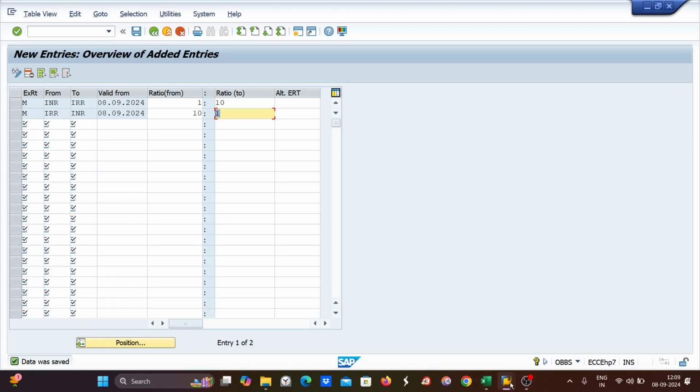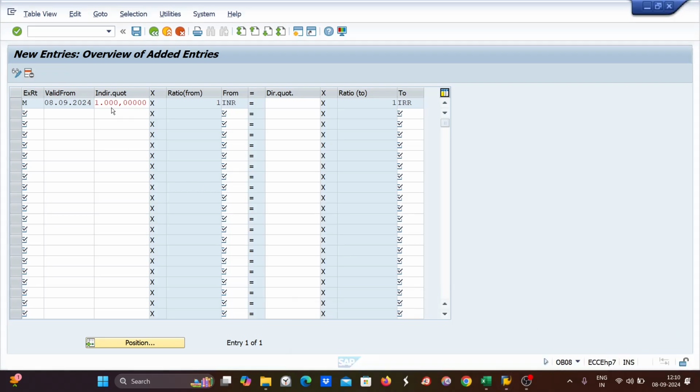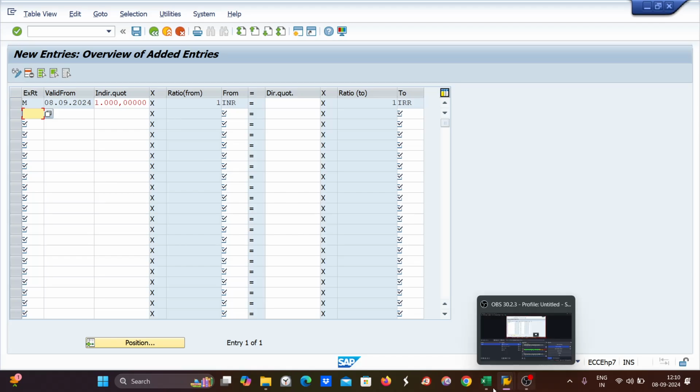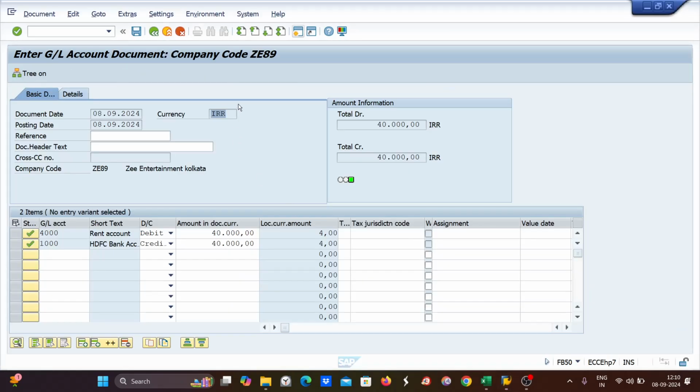The 10 times the rate, which is 1000, so 10 into 1000 will be 10,000. That means 10,000 IRR equals 1 INR. Correct? So here the same calculation SAP has done. Now when 40,000 IRR, SAP calculated and converted into local currency as 4 INR.